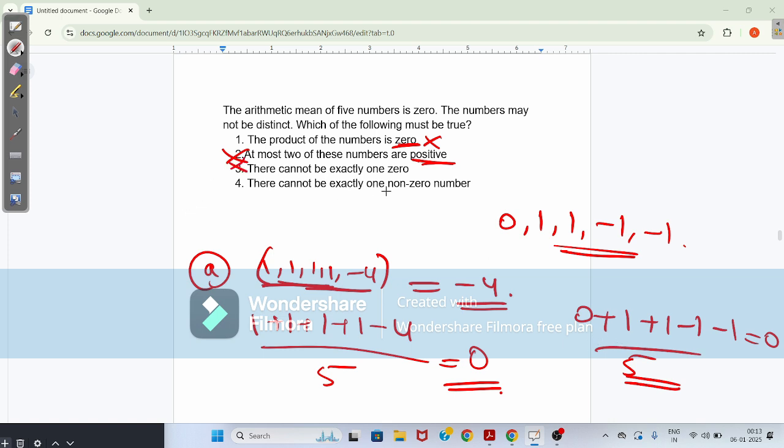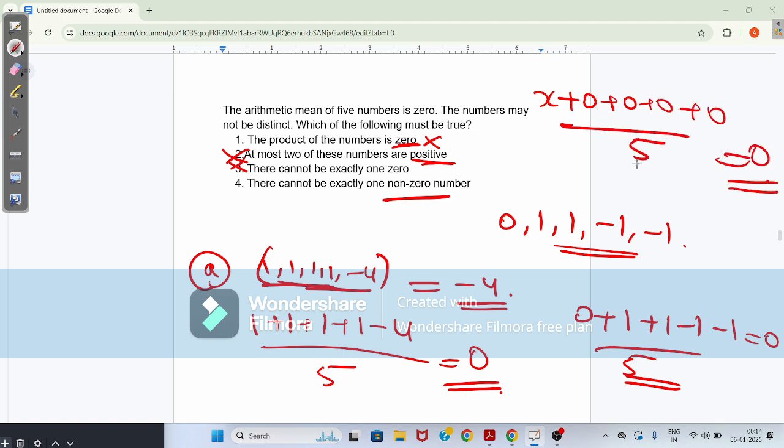There cannot be exactly one non-zero number here. Yes, exactly one non-zero number would mean x plus 0 plus 0 plus 0 plus 0 by 5, and the mean cannot equal 0.